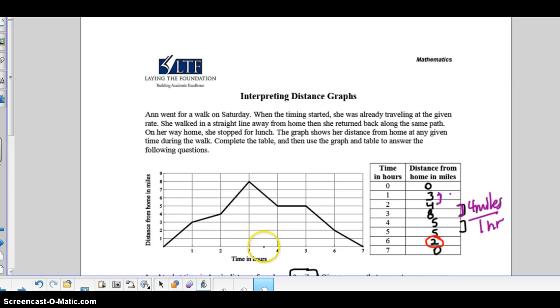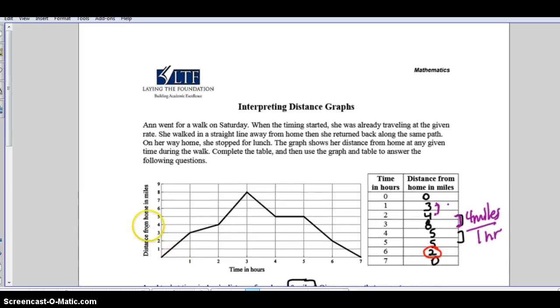So 4 would be, we've done that before, where you would draw across. We would draw across, and we would see that it happens at 2. And we'll just make a guess here, but about 5.3 or so as our other answer for that one.